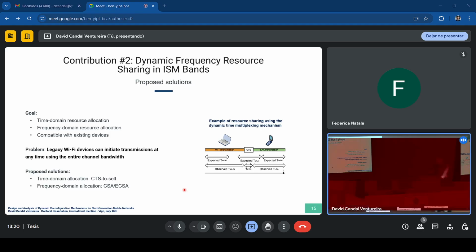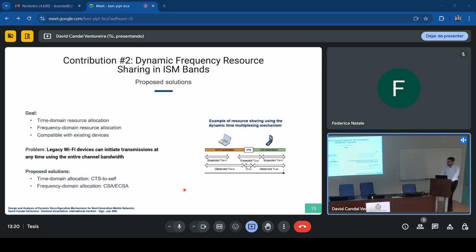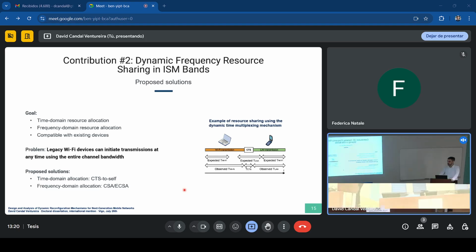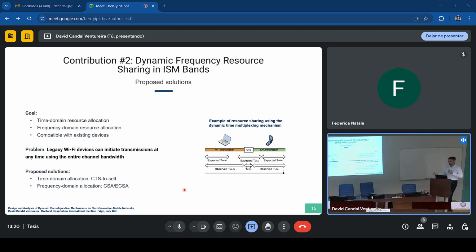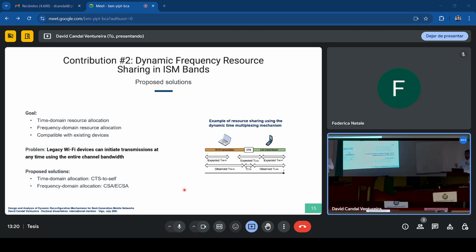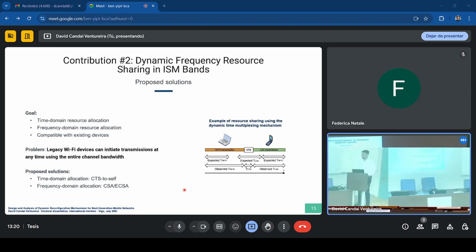When you are doing this, you are actually blocking Wi-Fi devices to perform LTE transmissions, and as you control where LTE or 5G transmissions are performed, you don't need anything in that regard.